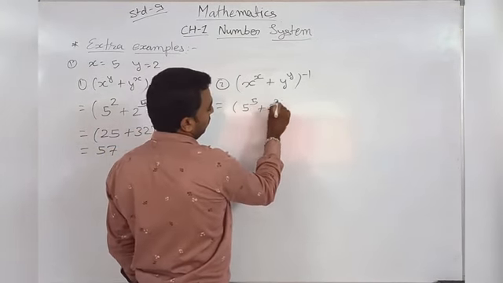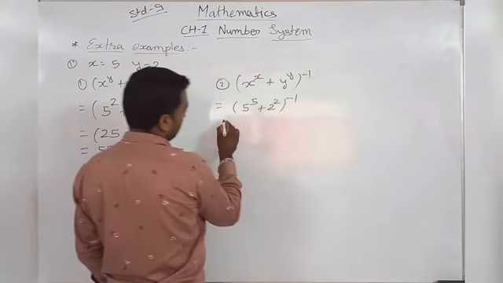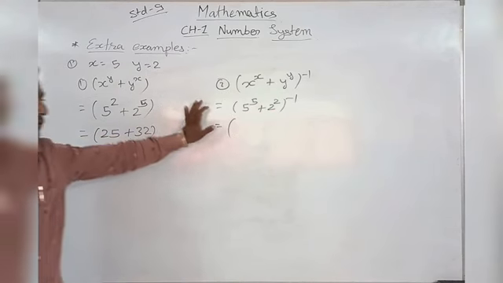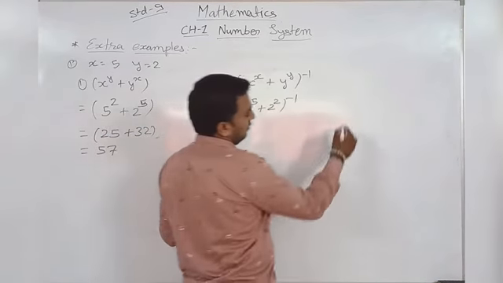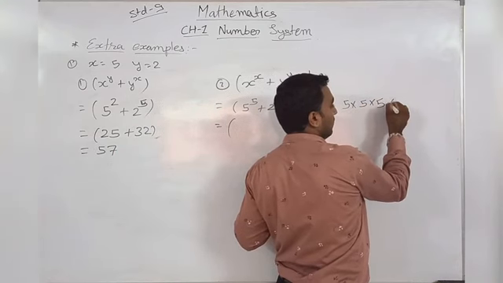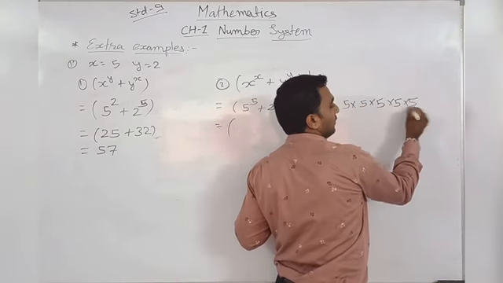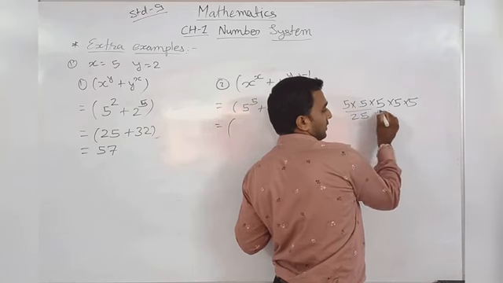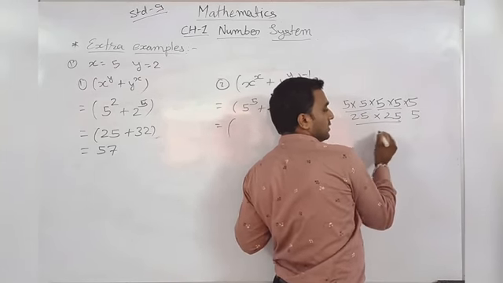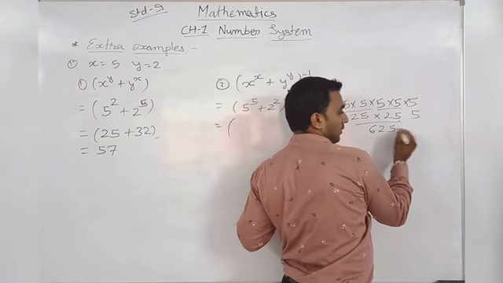Here x is 5, plus y is 2, minus 1. We know that 5 is raised to the power 5. Here we need to multiply 5 times 5 times 5 times 5 up to 5 times. So we know that this is 25, this is 25 and 5 remaining. We again know that this is 625 multiplied by 5.